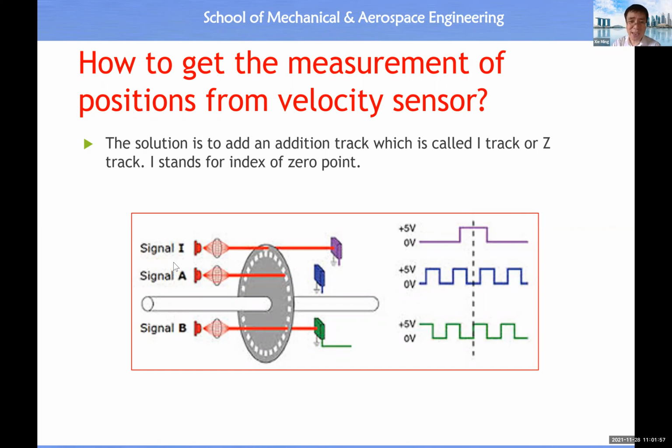Once you get this signal as output, you must memorize that reading from the counter at the 0 position. Because once you rotate again, the reading you get is an increment from the previous value in the counter. So you need to pay attention to the meaning of the reading from the counter.